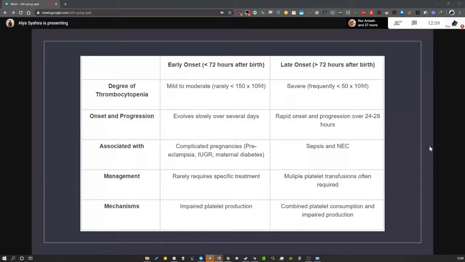For late onset, the degree of thrombocytopenia is usually severe, less than 50, with rapid onset and rapid progression within 24 to 48 hours, commonly associated with sepsis and necrotizing enterocolitis. The mechanism is a combination of platelet consumption and impaired platelet production. In late onset, the baby usually needs multiple platelet transfusions.